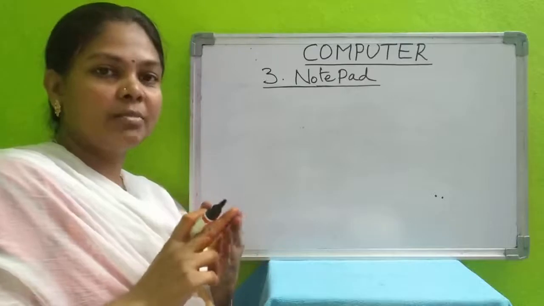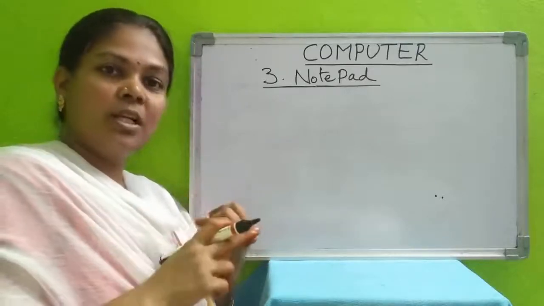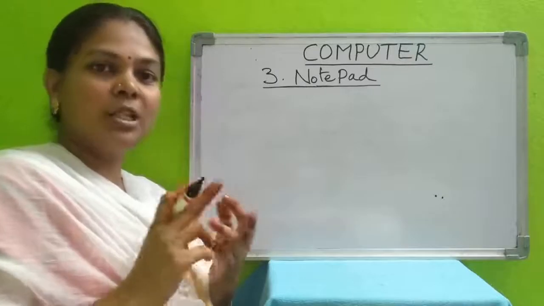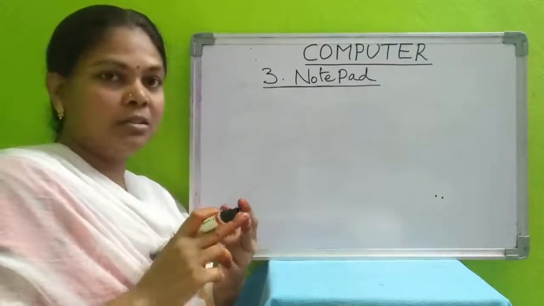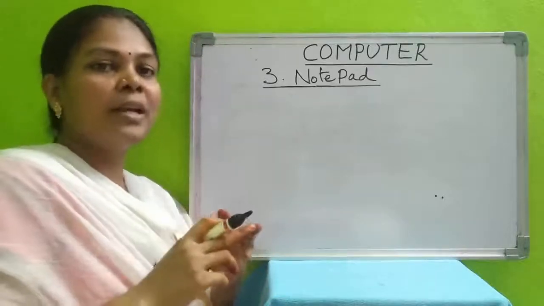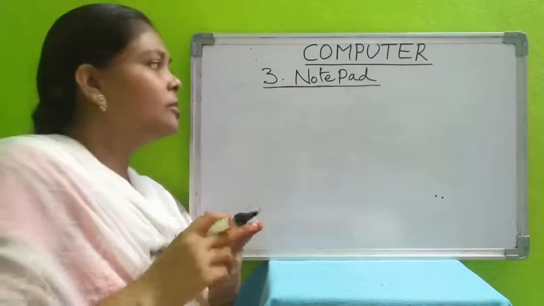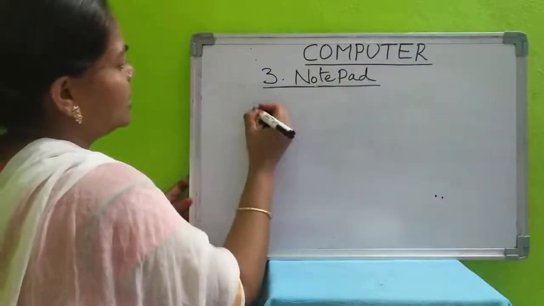How many types of keys are there on the keyboard? Four types of keys: letter keys, number keys, special characters, and special keys, and arrow keys. So what device do we use to type information? Keyboard.